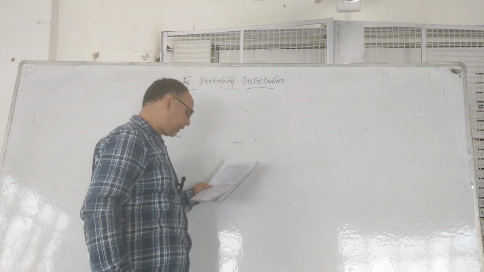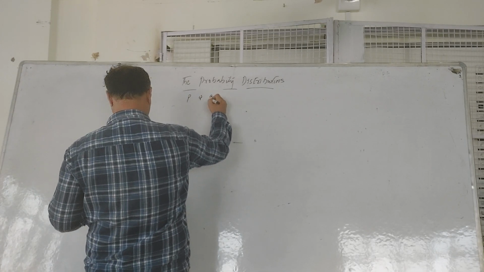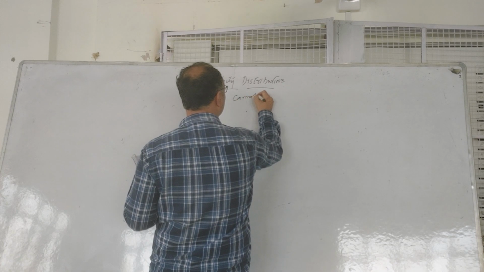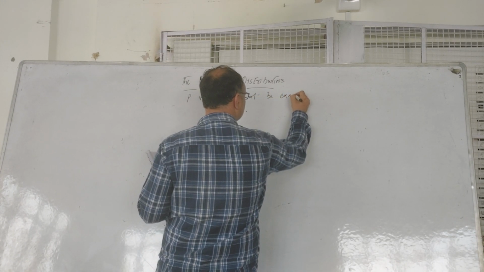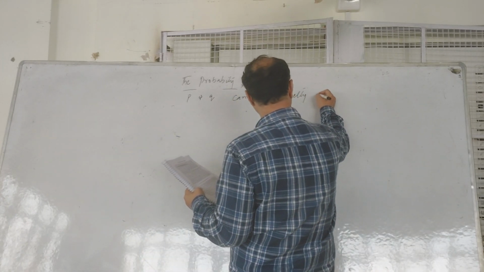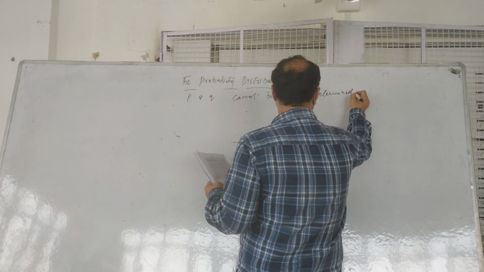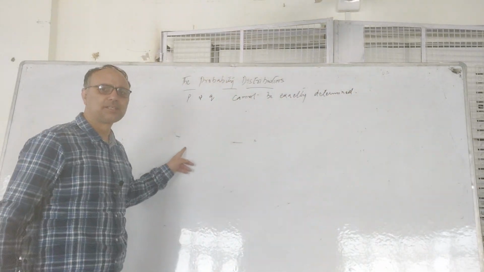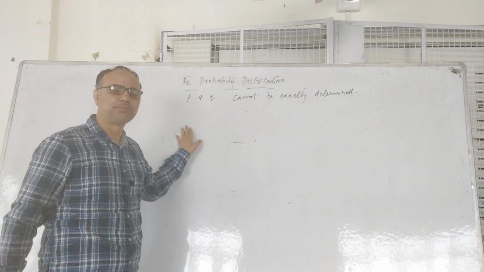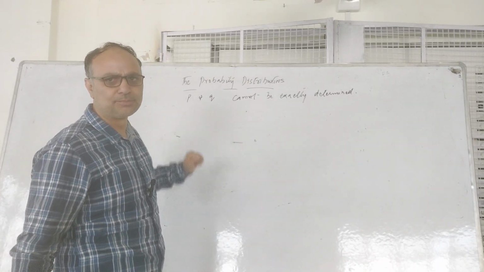So if we consider the fact that P and Q cannot be exactly determined, those conjugate variables, we can represent them as P and Q, and identify them with position and momentum.